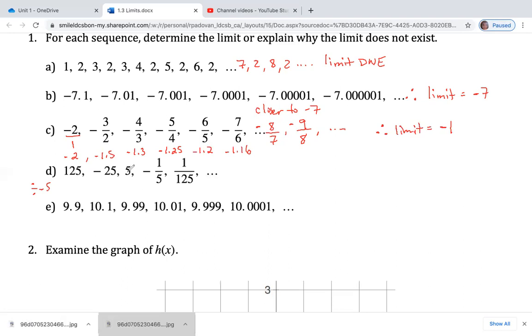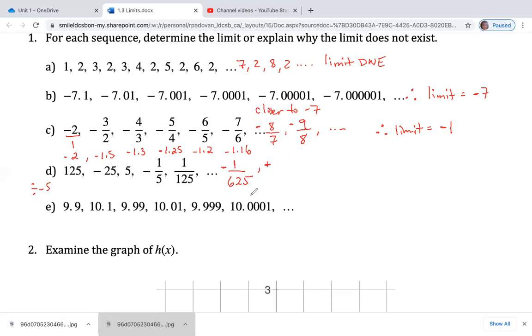So I have positive, negative, positive, negative, positive. The next number would be negative, the next number would be positive, and I would have 1 over, take 125 and multiply by 5, because as a fraction the number's getting smaller, right? So that would be negative 1 over 625.